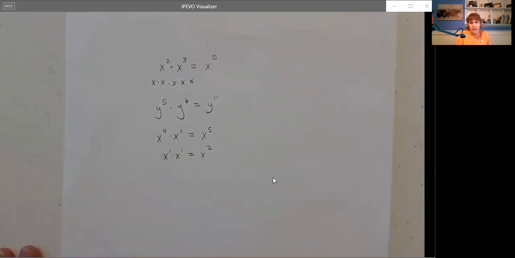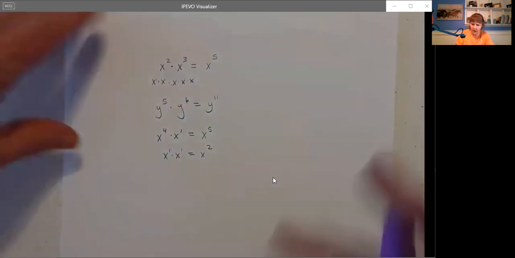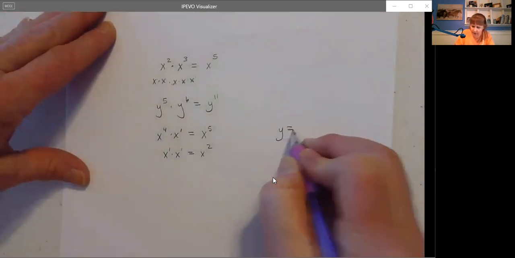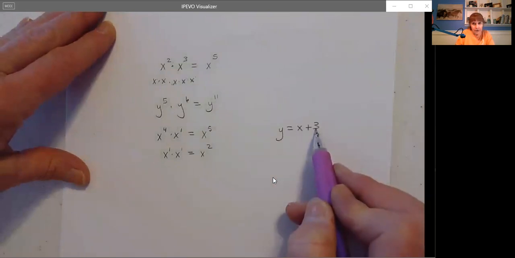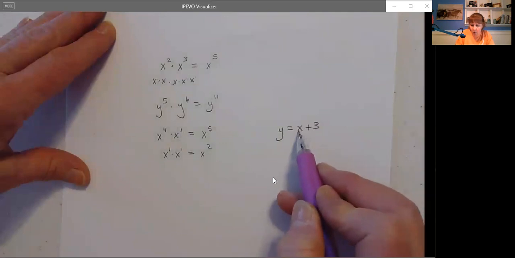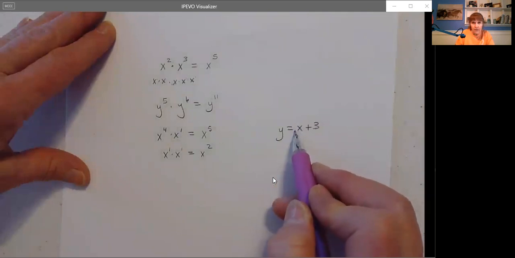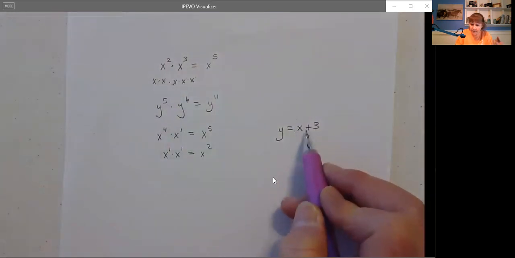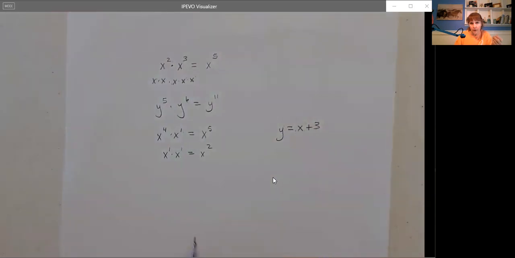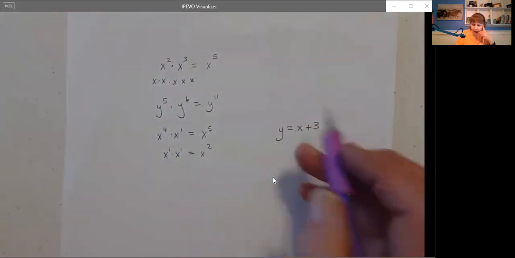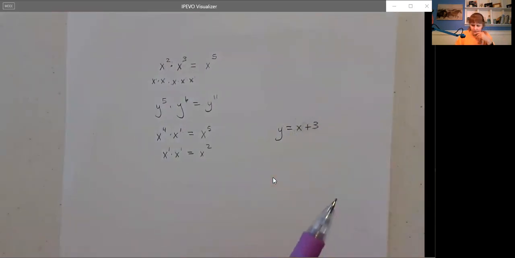We don't put the ones in, but they're there, because remember when we were doing slopes, just a side note here, you go to the y-axis on 3, but the slope here is 1. We don't put that in. We know this is linear because the powers are 1. They're not there, so we know that they're a 1. So we just don't put that 1 in there. It's just assumed to be there.